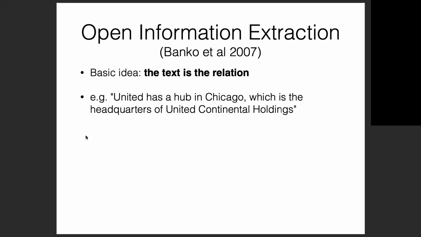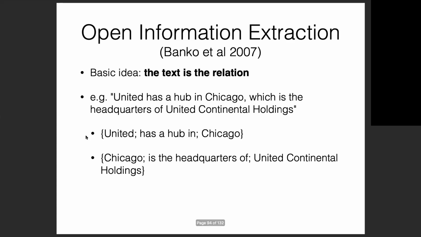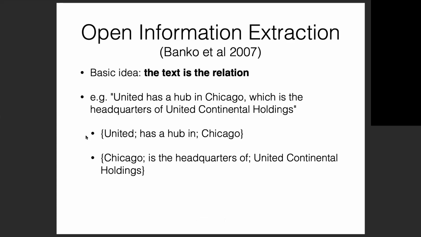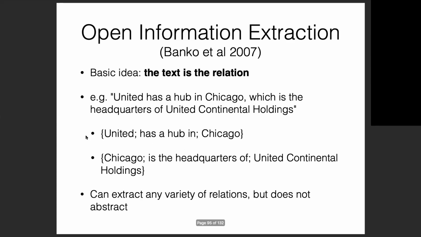So for example, United has a hub in Chicago, which is the headquarters of United Continental Holdings. We would extract things like United has hub in Chicago. Chicago is headquarters of United Continental Holdings, etc. So here the relations are has hub in and is the headquarters of. So the nice thing about this is we don't need to specify a priori which relations we're interested in.